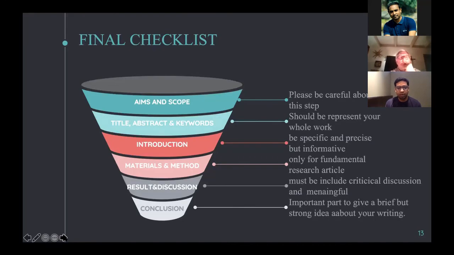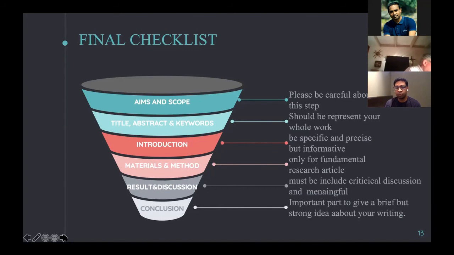This is the final slide, the step by step of what I have discussed so far. You need to find some aim and scope based on your relevant research field. Then you have to make a draft of your title, abstract, and keywords. Then you start with the introduction, followed by the materials and methods in the case of a research article.